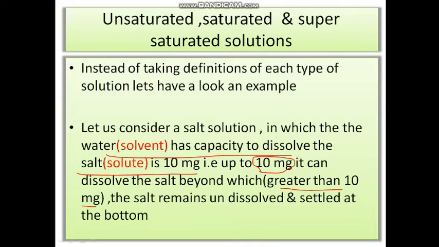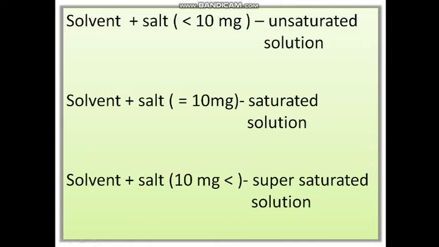So 10 milligrams is the saturation point. That's why it is called a saturated solution, the 10 milligrams. If you add salt up to 10 milligrams, that is up to 9.90 milligrams, that can be called an unsaturated solution. But beyond the 10 mg, the salt remains undissolved and precipitated at the bottom.